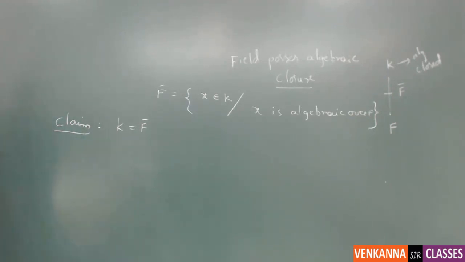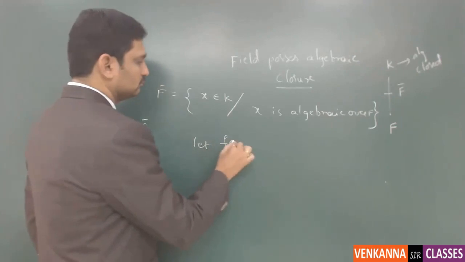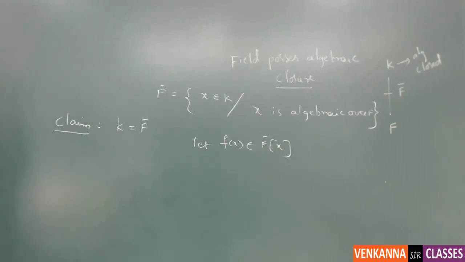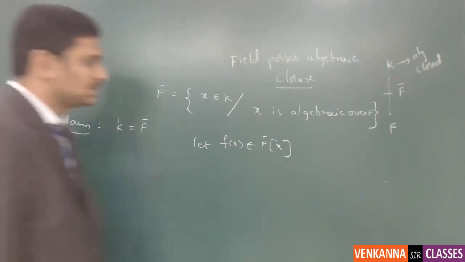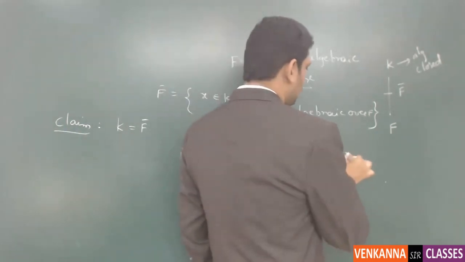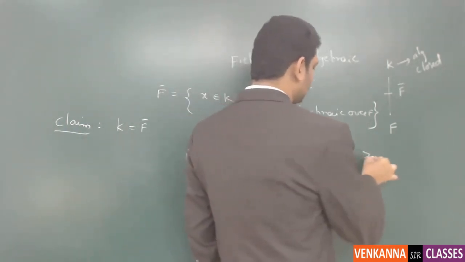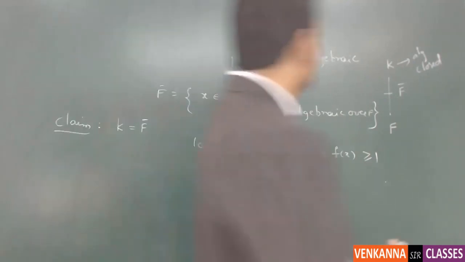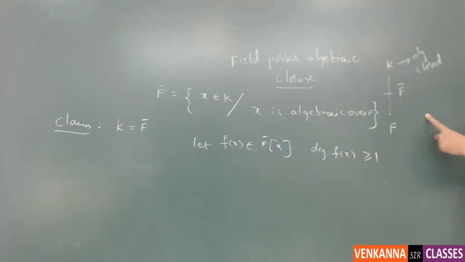Right. Now, let us take a polynomial f(x) belongs to F bar[x] such that the degree of f(x) is greater than or equal to 1. Now what happens? Whatever polynomial you take at this position, by default this polynomial will belong to this because this is a subset of this.